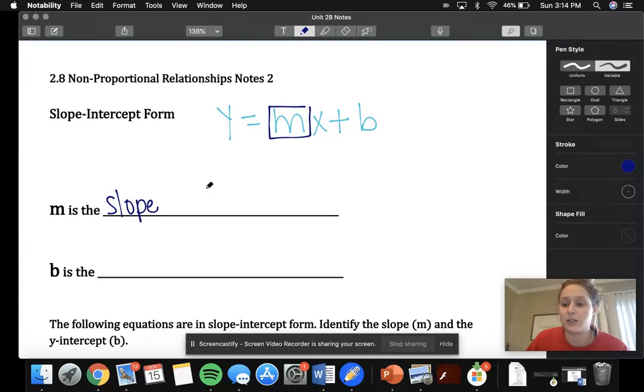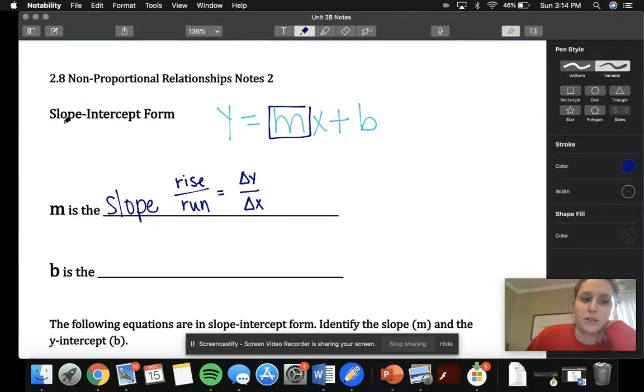Remember, that is just like the steepness of your line. We represent it various ways. We compare the rise to the run, that's the ratio. It's also the change in the y's over the change in the x's. Okay, all of these are just representing the steepness. So we have our rise to our run to tell us how steep it is. So that's why it's called slope.